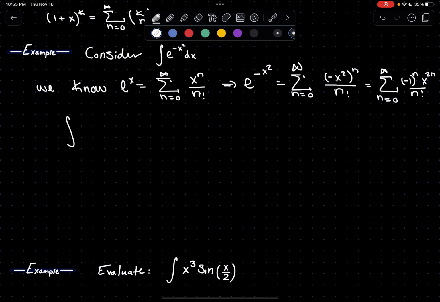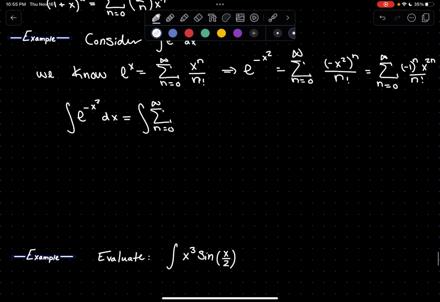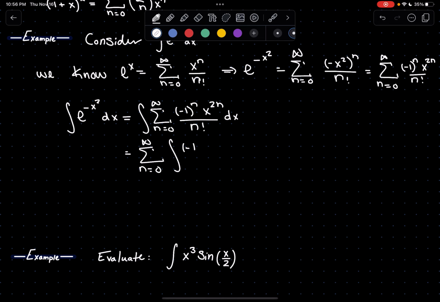So using our theorem, the integral of e to the negative x squared dx is going to be equal to the integral of the sum n equals 0 to infinity, I'll write it out in painful detail this time, just so that you guys all see it, of negative 1 to the n x to the 2n over n factorial dx, right, and this is equal to, I can bring the integral in, so the sum n equals 0 to infinity of the integral of negative 1 to the n x to the 2n over n factorial dx.